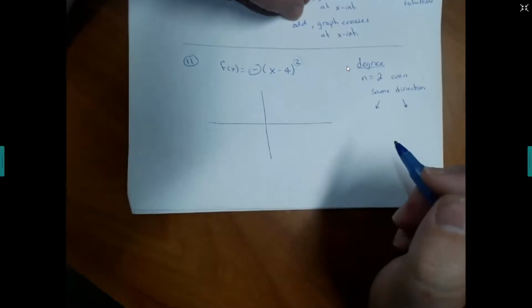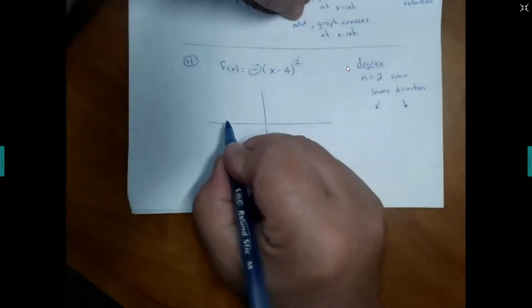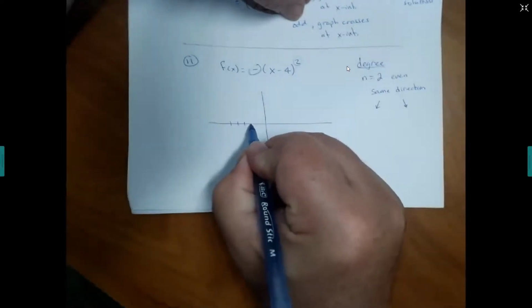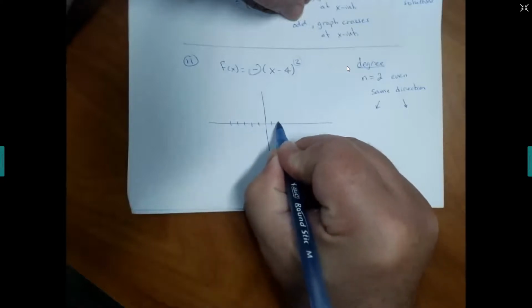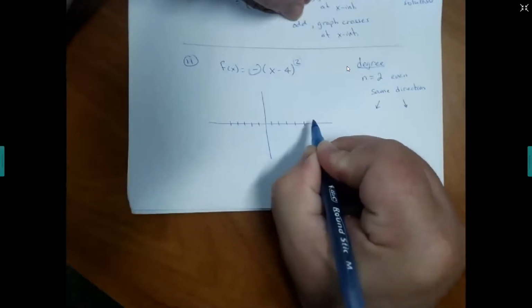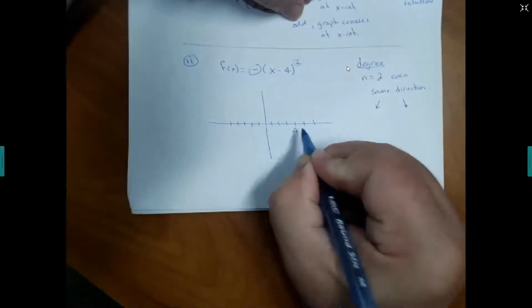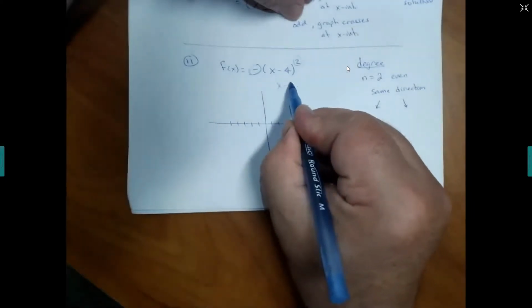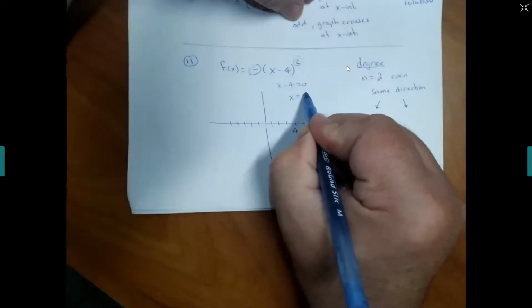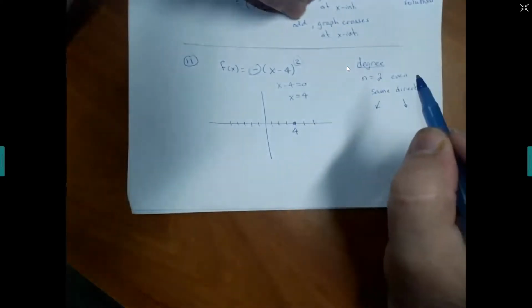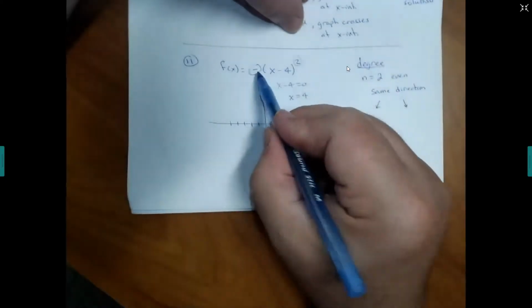What's my 0? Right, 1, 2, 3. Yeah, so take the inside here, set it equal to 0, we get x equals 4. And they both point down.